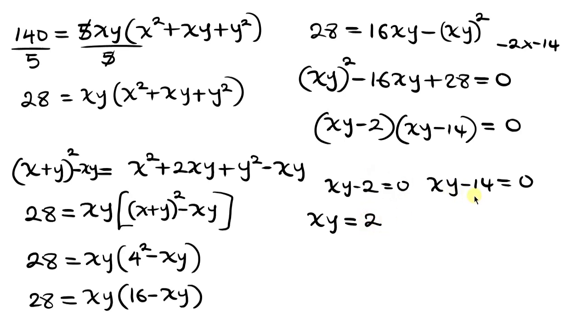While for the second one, we have xy equal to, as negative 14 crosses to the right, it becomes 14. So we have two cases. We have this case where xy is equal to 2, and we have this other case where xy is equal to 14. So we're going to be solving these cases one after the other.